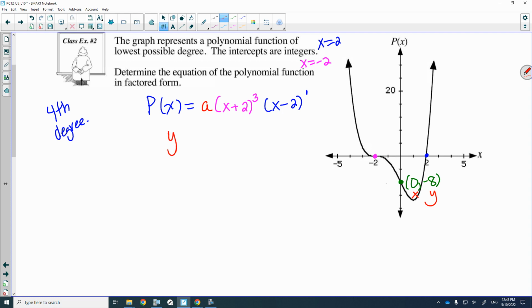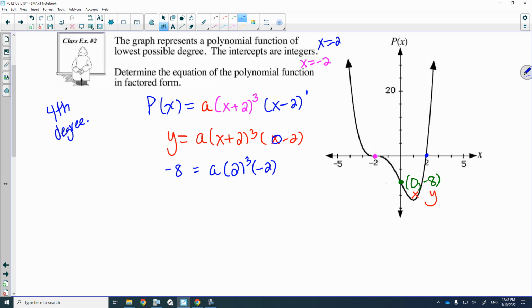And now I'm going to write this in xy form. And I'm going to input negative 8 for y, a. And the reason why it's really nice getting 0 here is because you don't have to think about it, right? 0 plus 2 is just 2 cubed. This guy, 0 minus 2 is just negative 2.